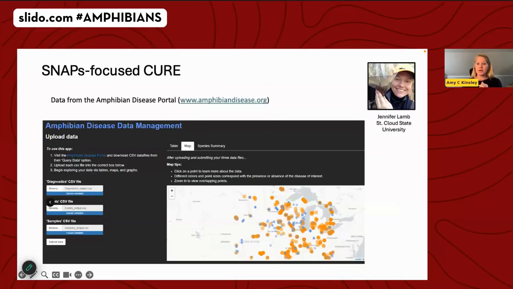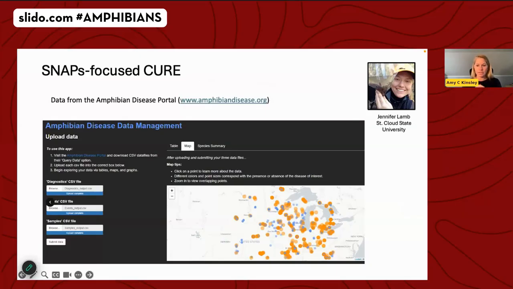And so that's been part of the work that we've carried out, is to develop a SNAPS-focused CURE that is focused on how do we access and visualize our surveillance data. Jennifer Lamb, one of my co-leads of the project, has built out a Shiny app.